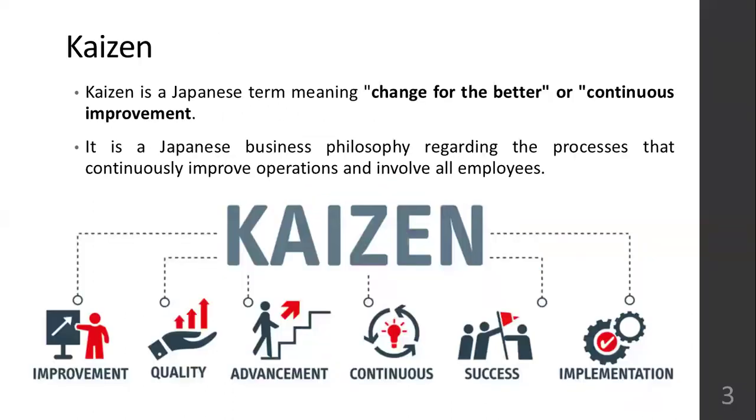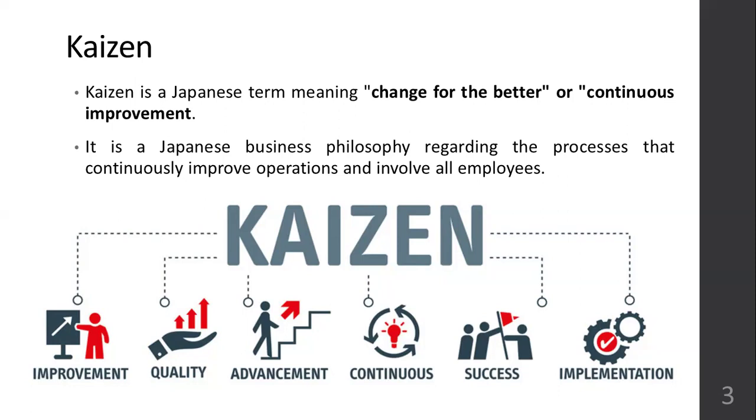Next is Kaizen. The word meaning of Kaizen itself is continuous improvement, or change for better. That's a Japanese term. And Kaizen is also a Japanese business philosophy. You can't show an element called Kaizen. It is a philosophy and you work based on this philosophy.